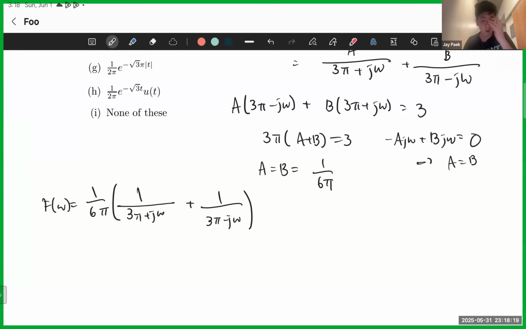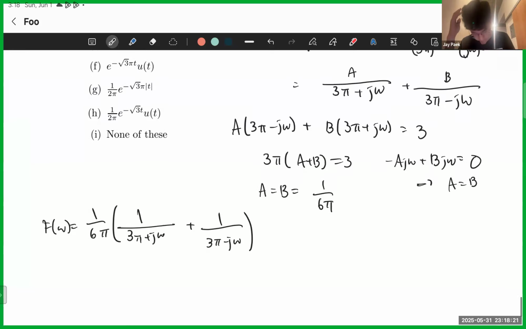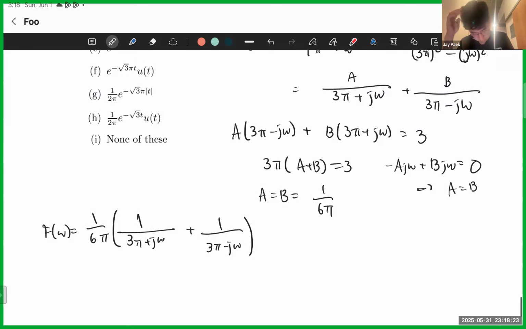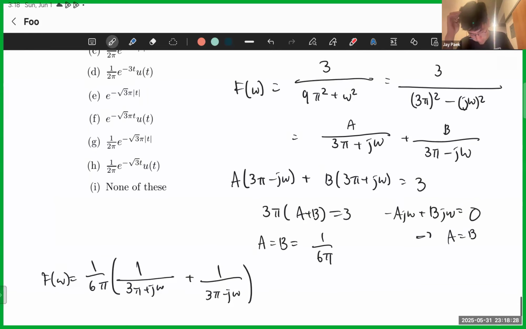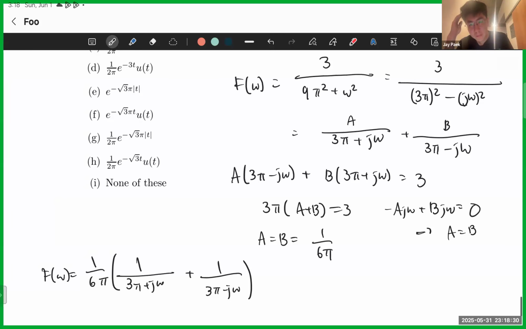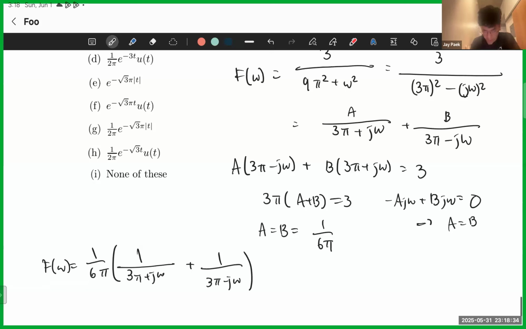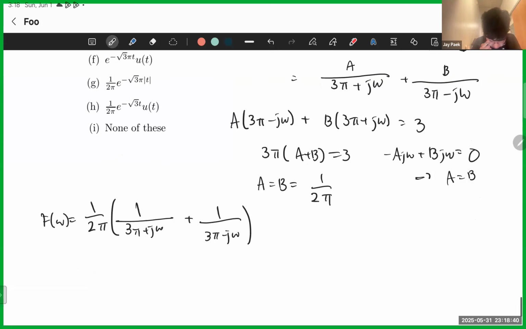Sorry, 1/2 pi where? Oh, sorry. Yeah, you're right. I don't know why I put 1/6 pi. That would be equal to 1 then. Thank you.